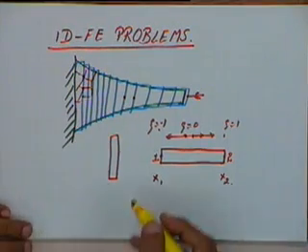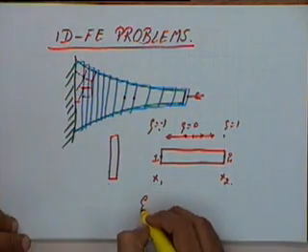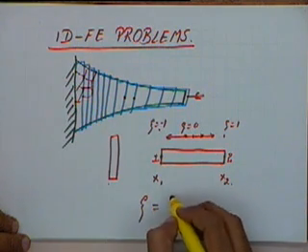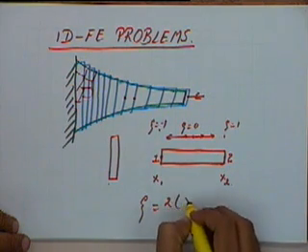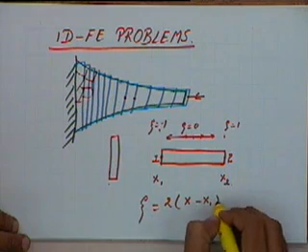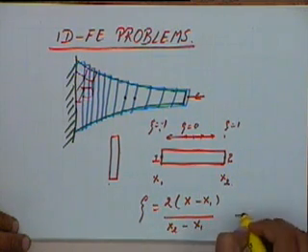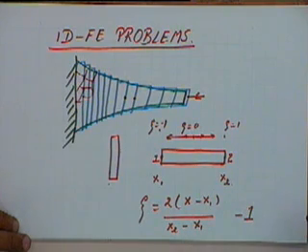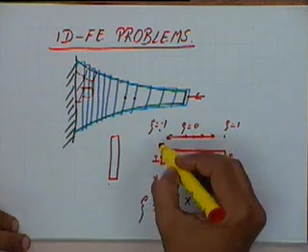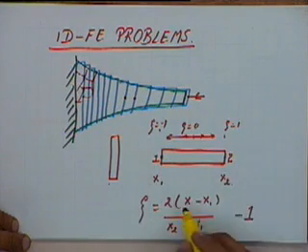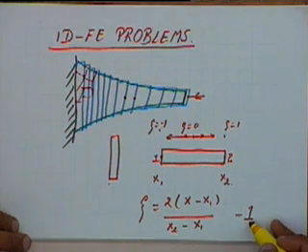So zeta will be equal to 2 times (x minus x1) divided by (x2 minus x1), minus 1. At this point x is equal to x1, so this term will be 0 and zeta will be equal to minus 1.